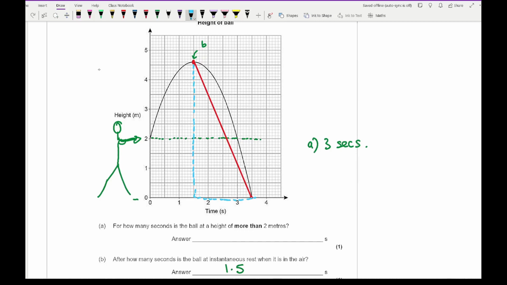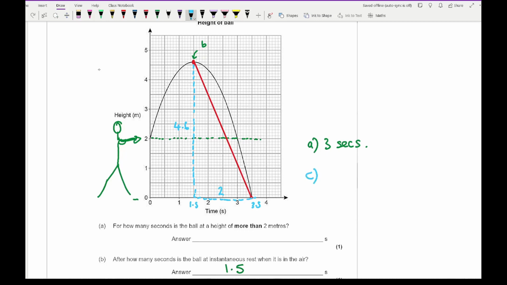So looking at the height of this triangle using the scale, it's around about 4.6. And in terms of the seconds, I make it out to be from 1.5 to 3.5. So I make it out to be 2 seconds.